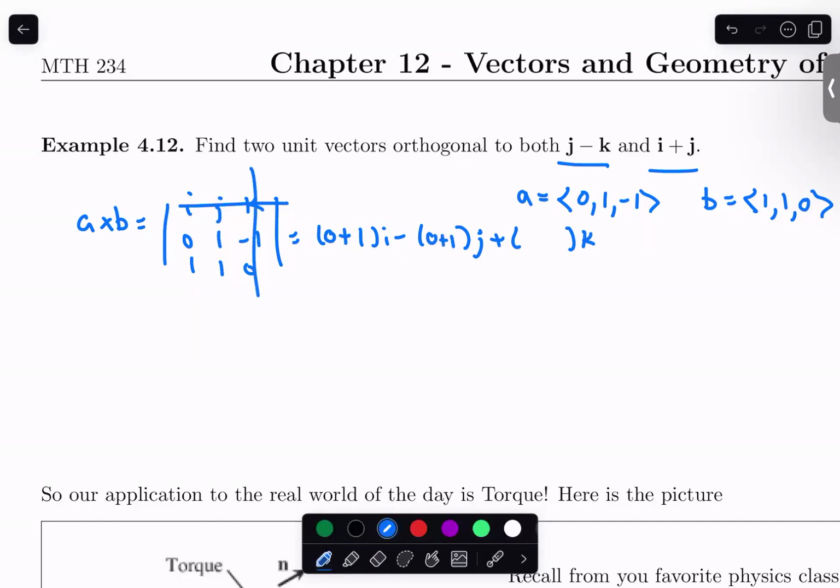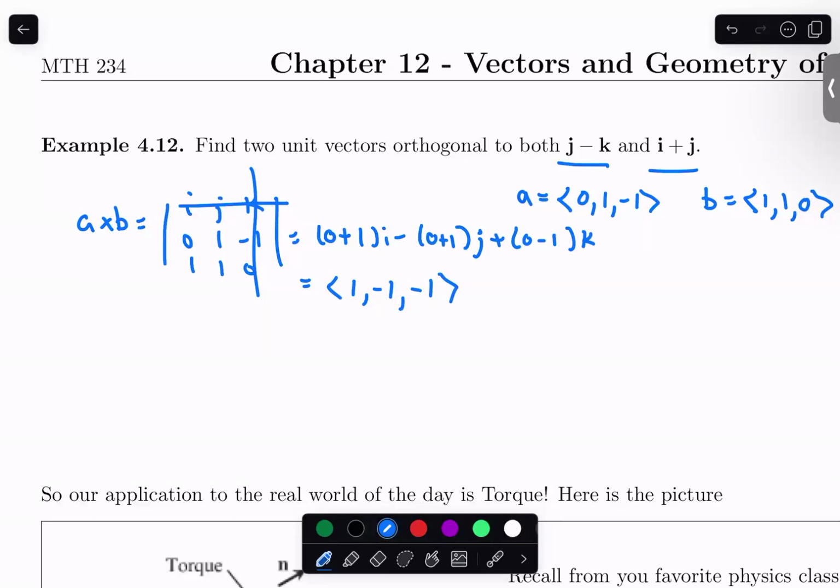And then finally, crossing off the first row, third column, it looks like I have 0 minus +1. So again, just calculating out those diagonals and subtracting. So my vector here is 1, -1, -1.